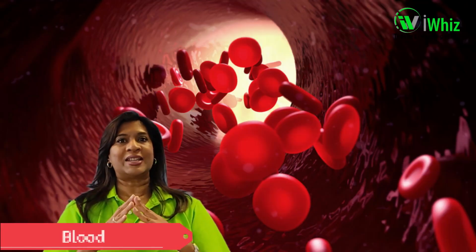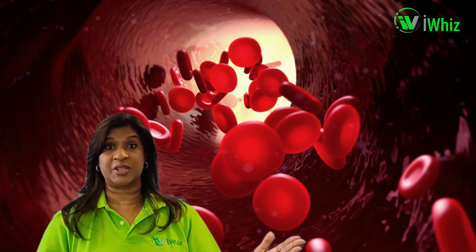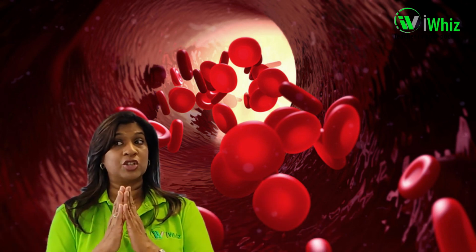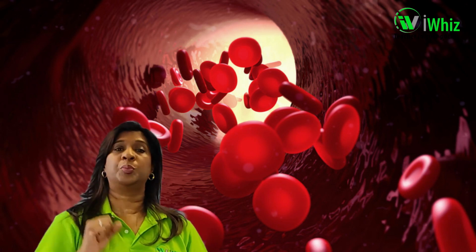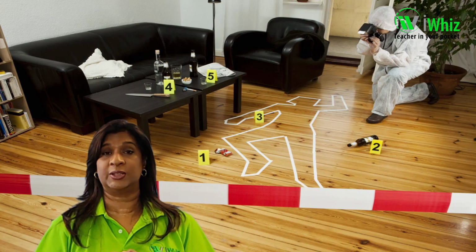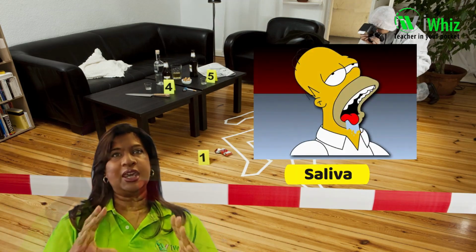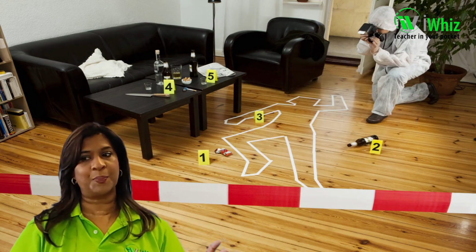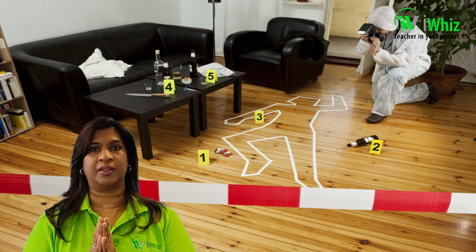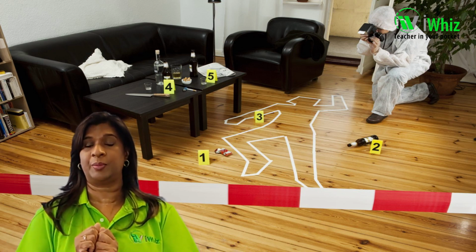If we look at blood as an example, in a violent crime, blood is going to be spilt, and it may not only be the victim's blood. If there was a struggle, there could be the perpetrator's blood as well. Let's look at saliva. In the case of a victim knowing the perpetrator, perhaps they had drinks together and glasses are left at the scene of the crime.